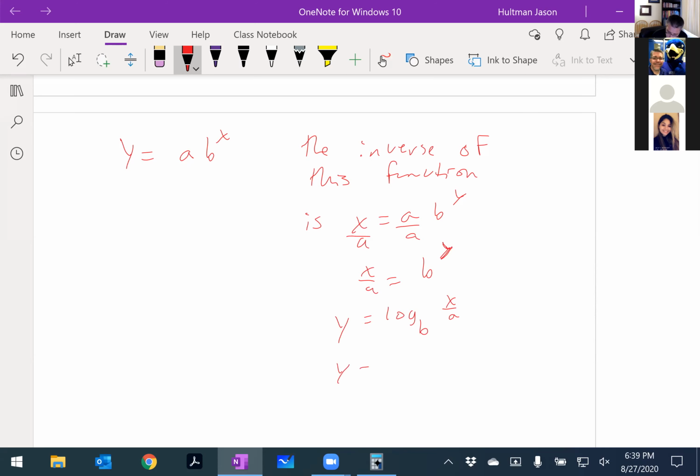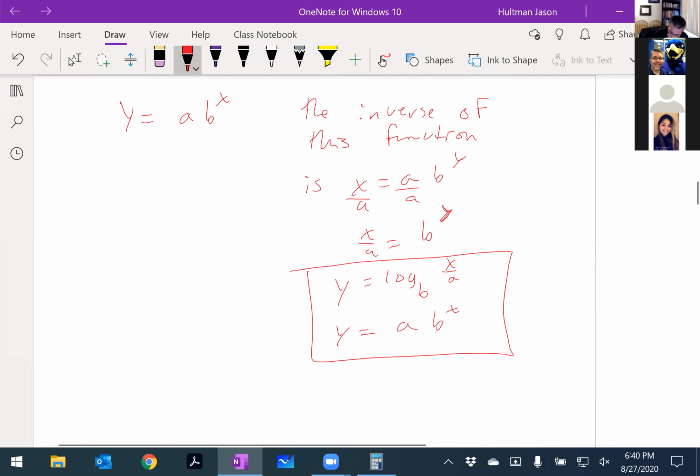So these are inverses of each other, a b to the x and log base b of x over a. These are opposite functions. One undoes the other. If a was equal to 1, maybe that makes it a little easier.